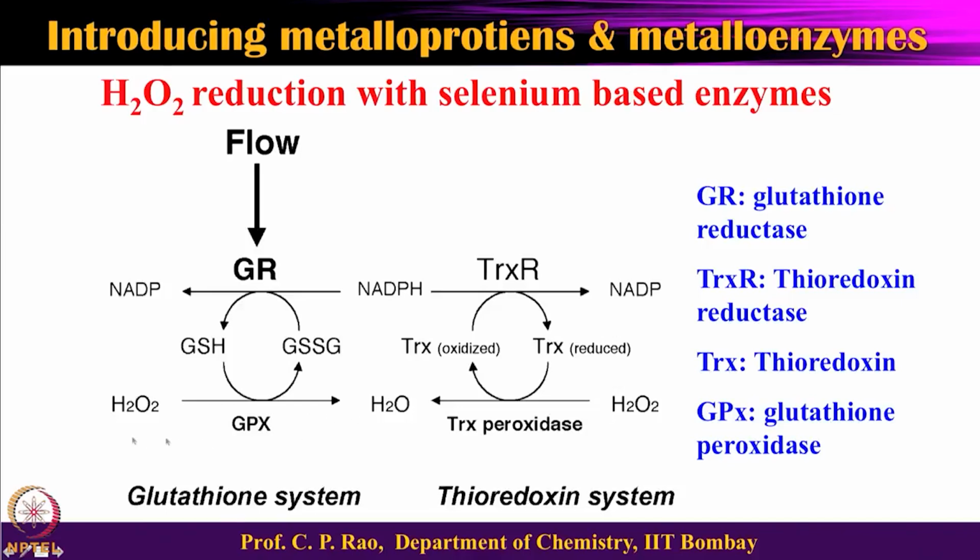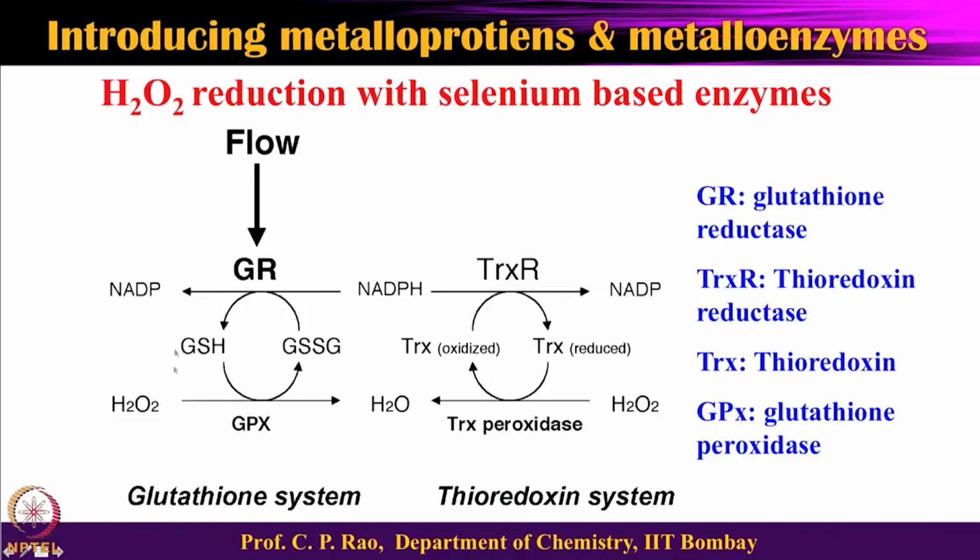Okay. The other cycle is glutathione peroxidase. Glutathione peroxidase again acts on H2O2 and reduces it to give H2O, and this is regenerated by the GSH-GSSG cycle, okay, and that you can call glutathione reductase, which is also helped by the NADPH.